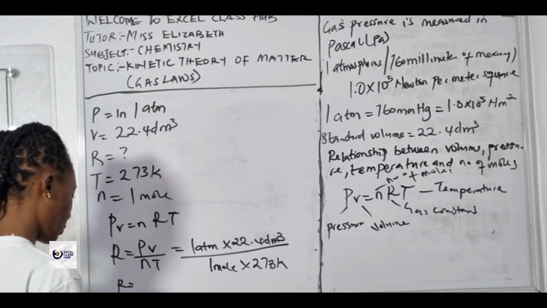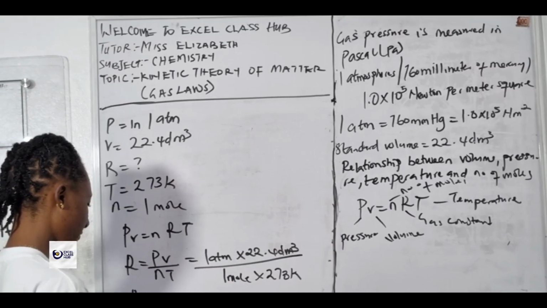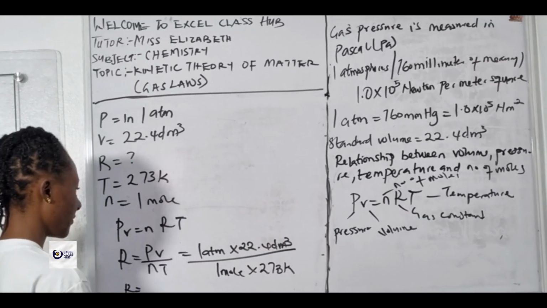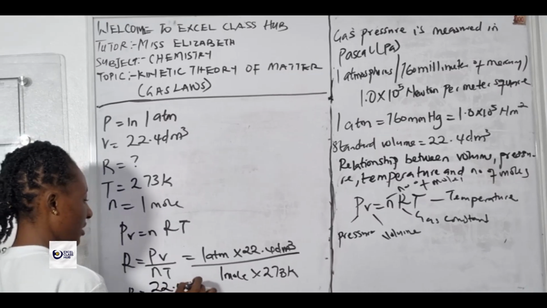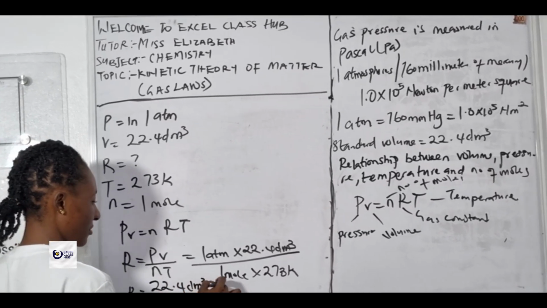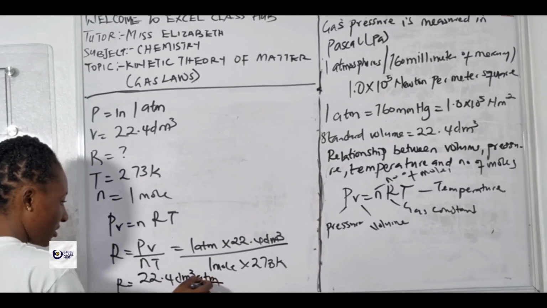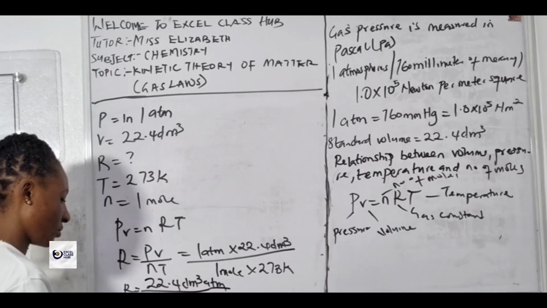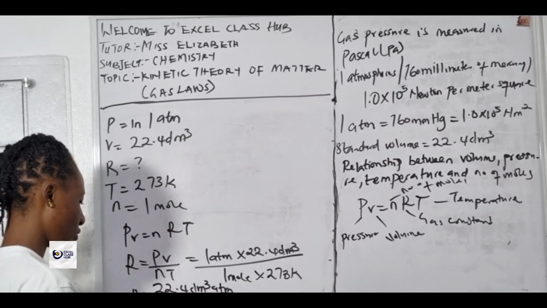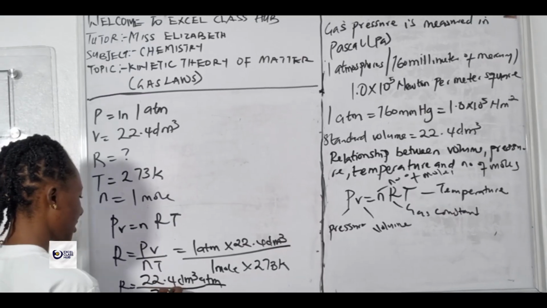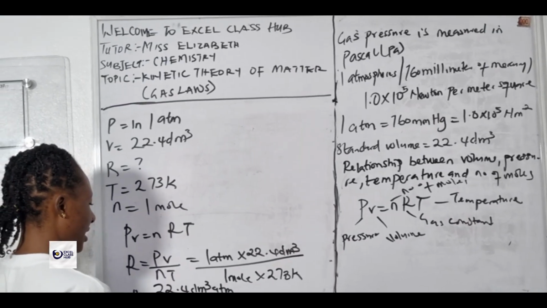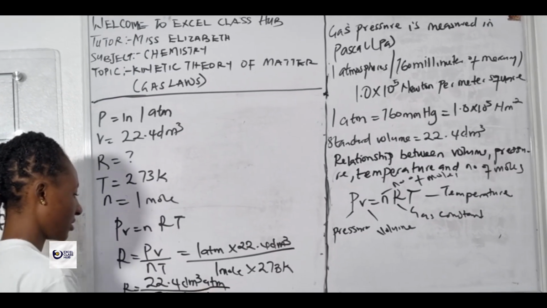So we have 1 times 22.4 to give us 22.4 atm dm cube, over 1 times 273 to give us 273 Kelvin mole.